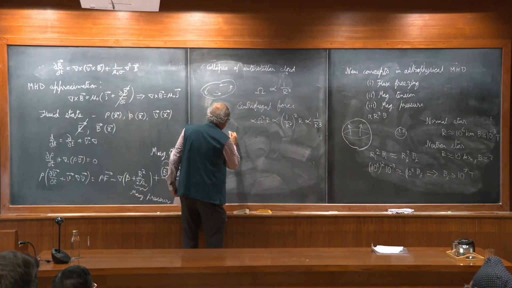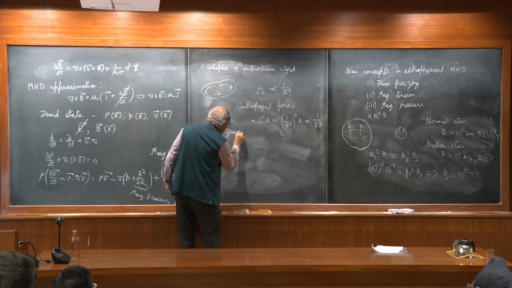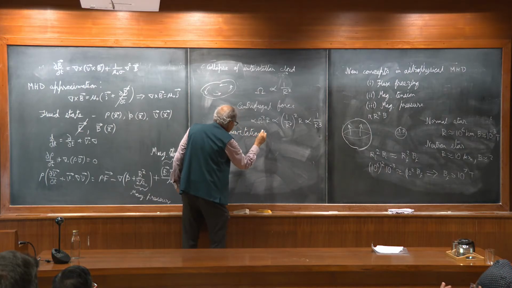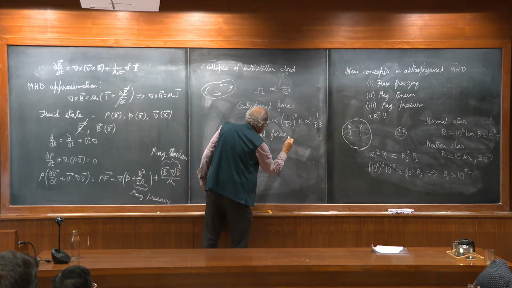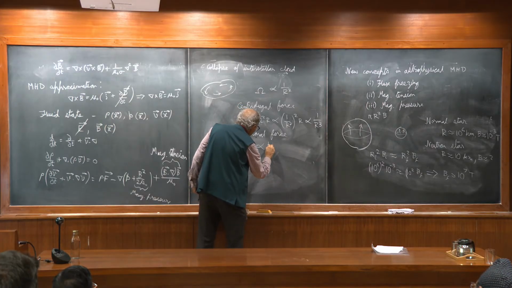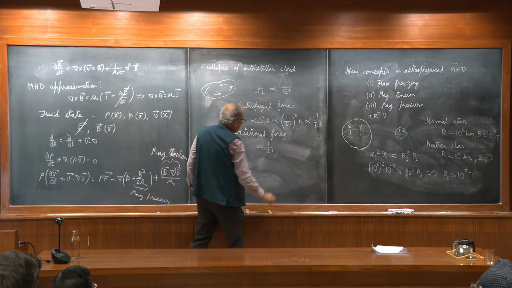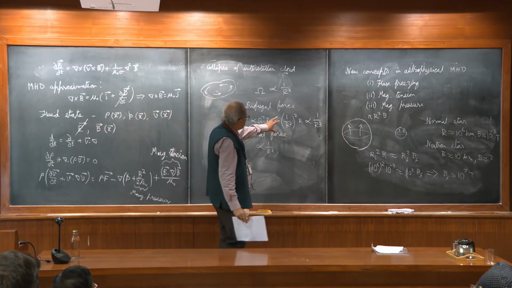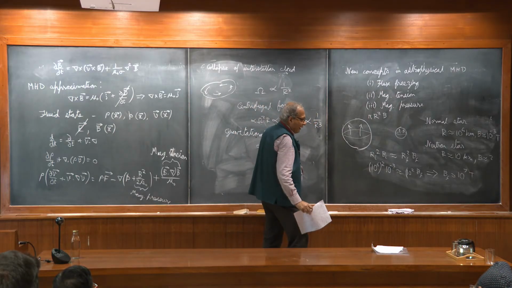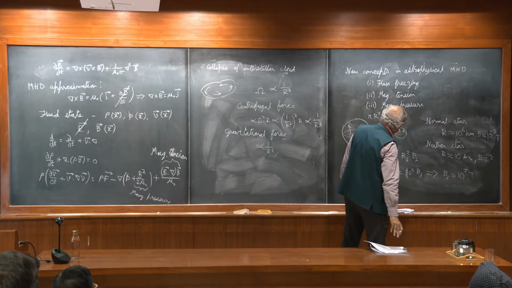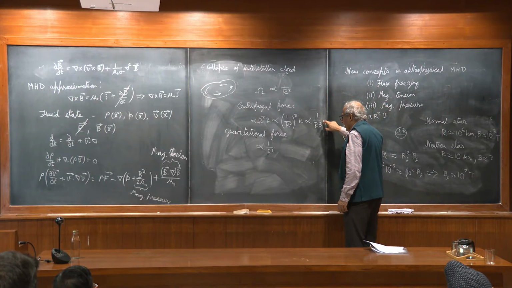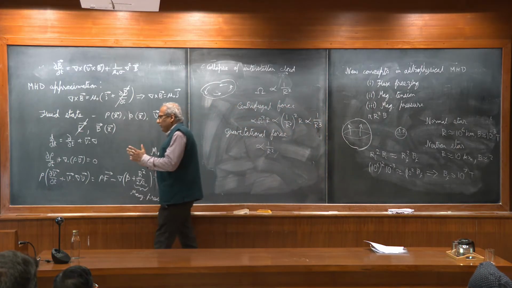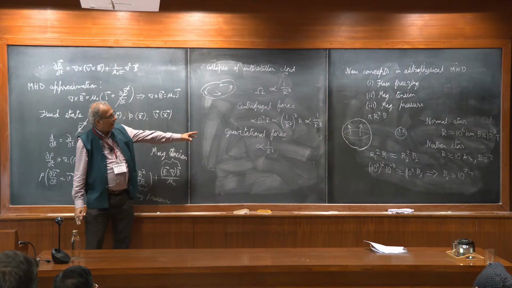From Newton's law we know that gravitational force will go as 1 over r square. So as the gas cloud is collapsing, both the centrifugal force and gravitational force will keep on increasing. But since the centrifugal force goes as a higher inverse power of r, it will keep on increasing at a faster rate than the gravitational force.